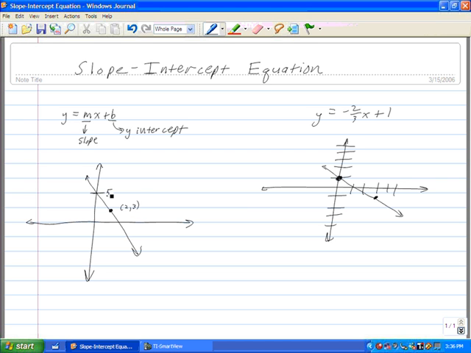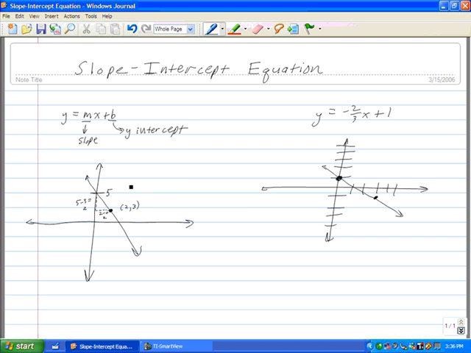All right, from this, we can imagine a right triangle here. We can find our slope. Our y values went from 5 down to 3, 5 minus 3 being 2, and our x's went from 0 to 2, 2 minus 0 being 2.